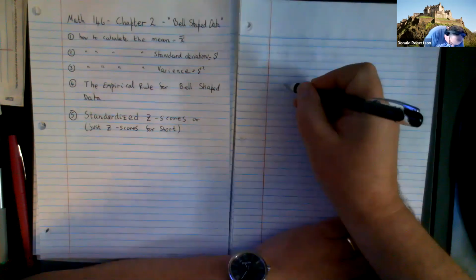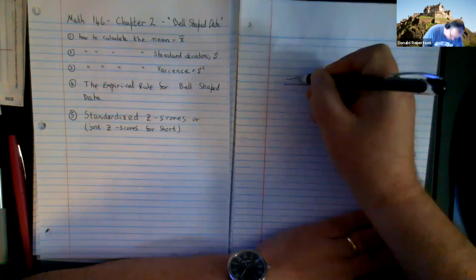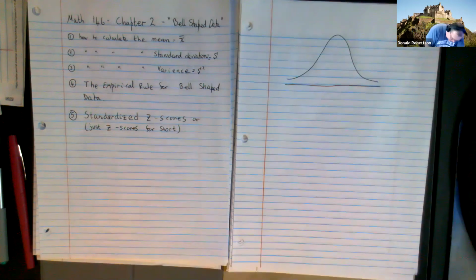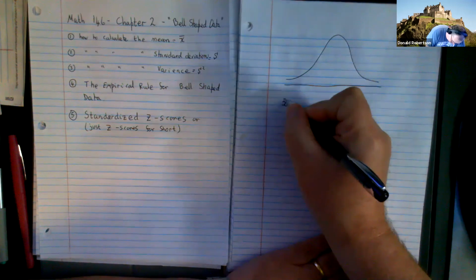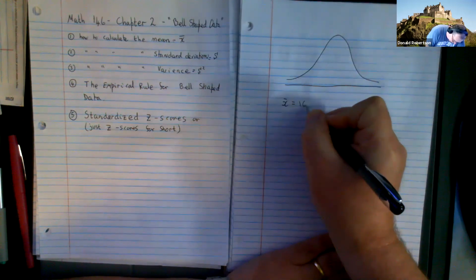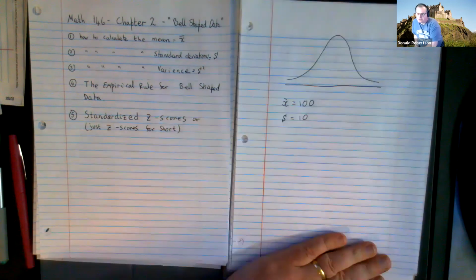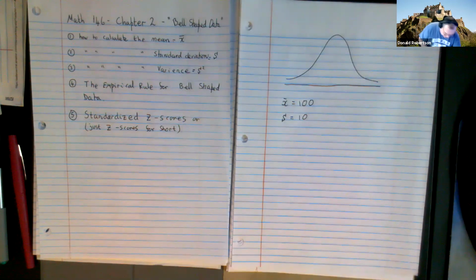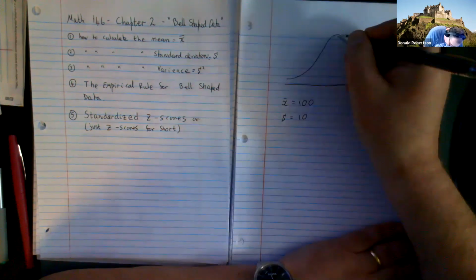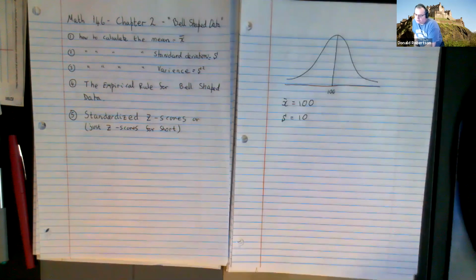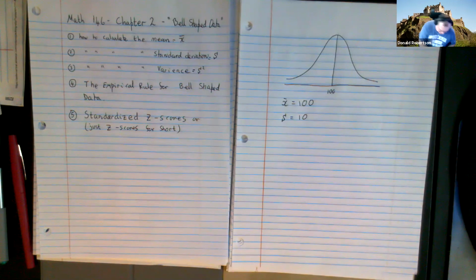Can you imagine that we've got some bell-shaped data? Right? Nice hill. And I tell you that the mean of this data is 100 and that its standard deviation is 10. So we calculated it and we got really nice numbers. What does the empirical rule say? It says that the mean will be at the top of the hill. Does that seem reasonable, that that's where 100 probably should be?